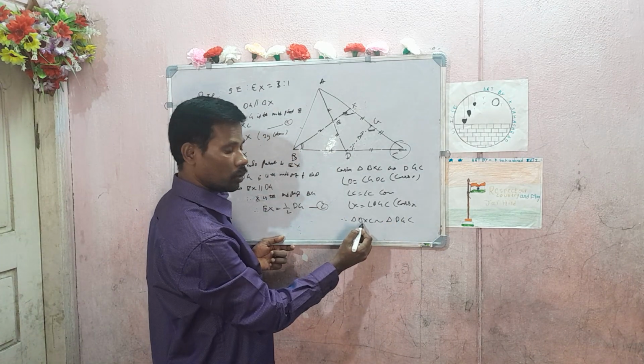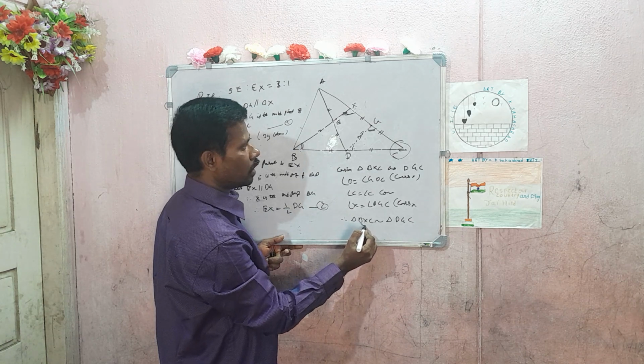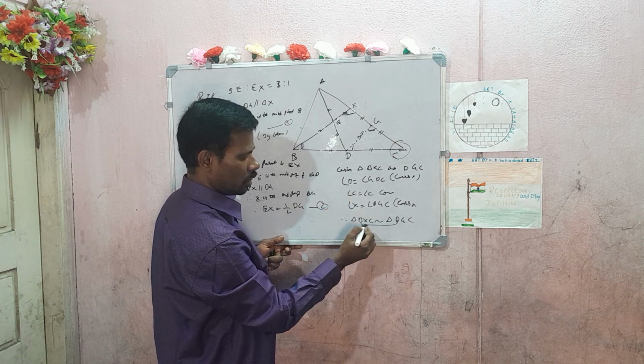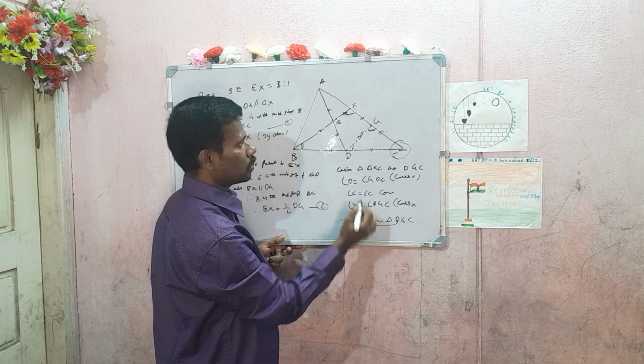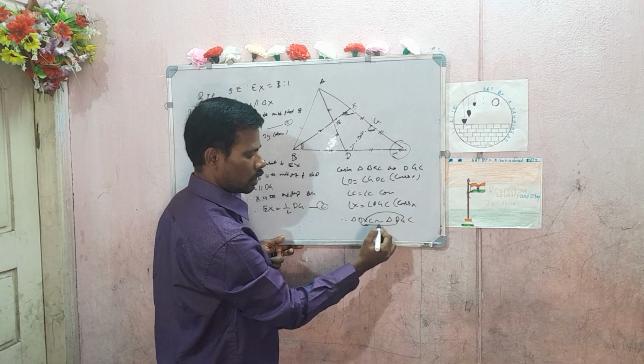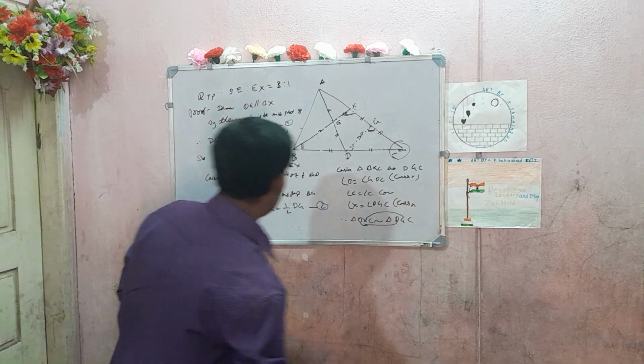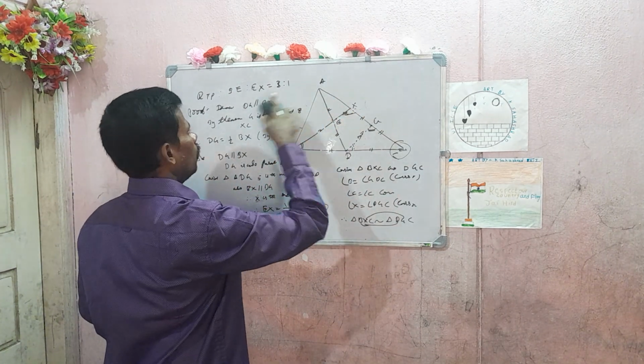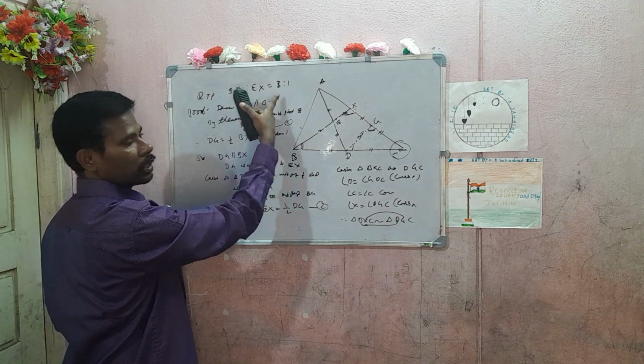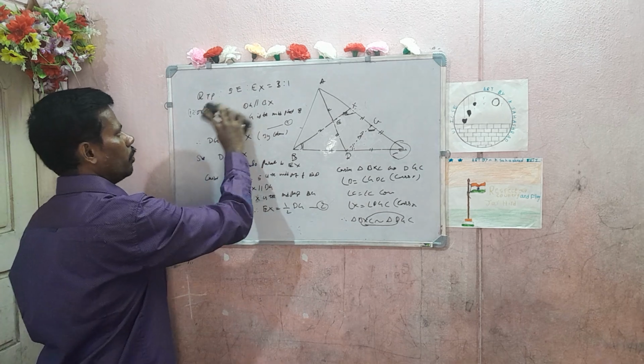Why have we written it like this? Because the letters should coincide. Letter B is coinciding with D, correct? X is coinciding with G, correct? C and C. Therefore, BX to DG is 2:1. Keep in mind that one.